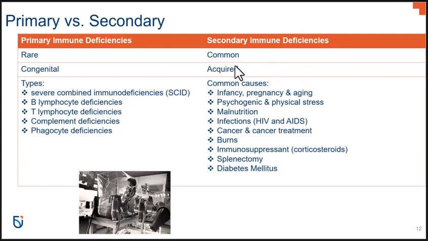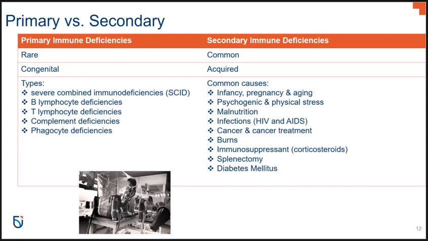Secondary immune deficiencies are much more common, and they are considered to be acquired, meaning you're not born with it, but it's going to develop at some point after birth. Secondary immune deficiencies are complications really of other physiologic or pathophysiologic conditions.